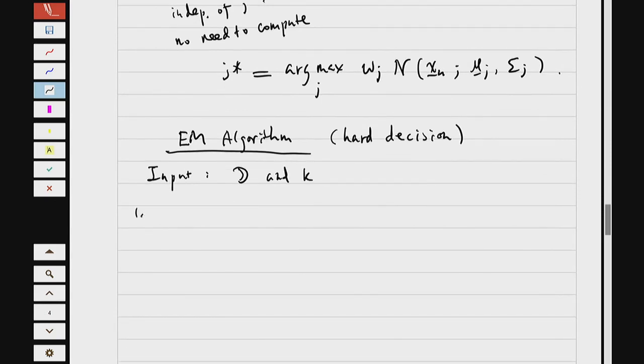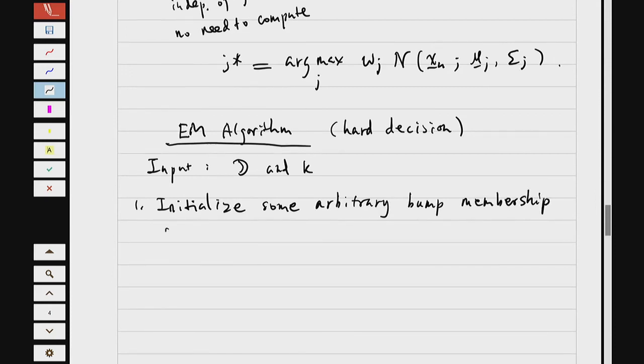So we initialize. It's going to be alternating, so we have to initialize something: some arbitrary membership for each xn, let's say in D. One very common example is simply to do k-means.